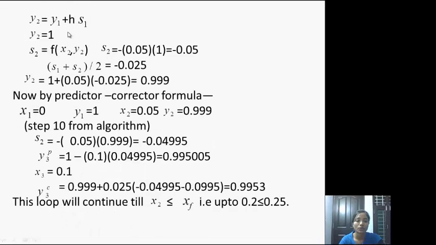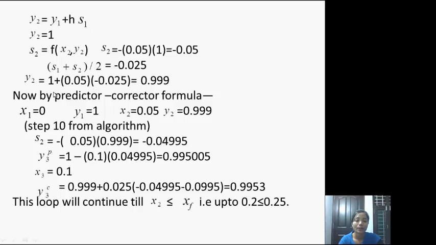Similarly for y2. By this we can find the value of s2, that is the slope at the next point, f of x2 comma y2. So at last we have our extrapolated value of y by Heun's formula.